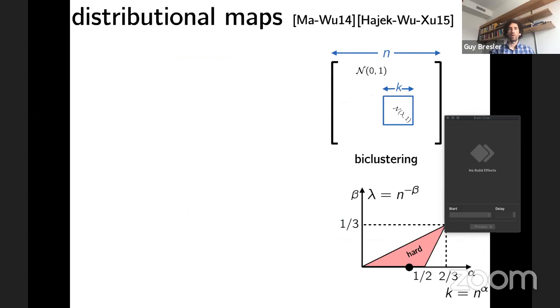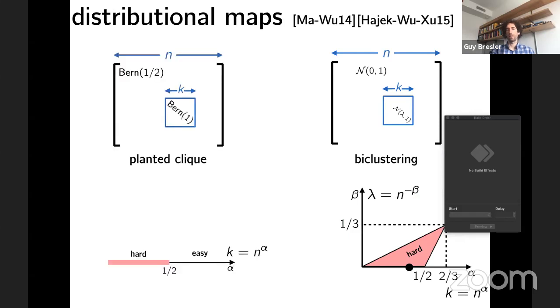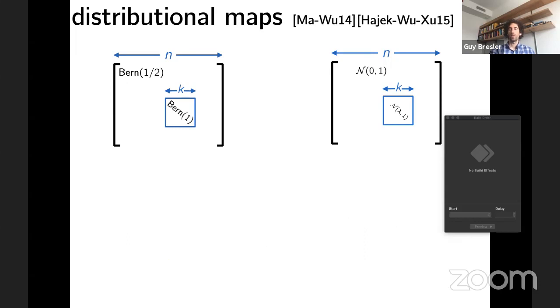Now, in order to carry out a reduction, one wants to start at planted clique and map to biclustering. This is a natural choice for a starting point because these problems look quite similar, and that's what they did. The simplest possible thing you could imagine doing is taking the adjacency matrix of planted clique, and let's forget for a moment that it's symmetric.